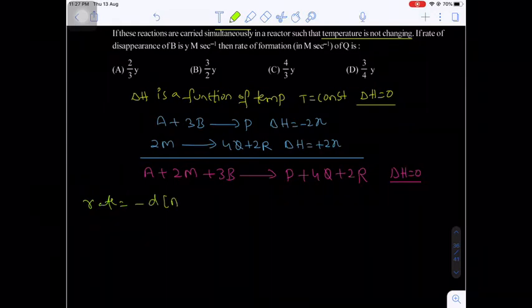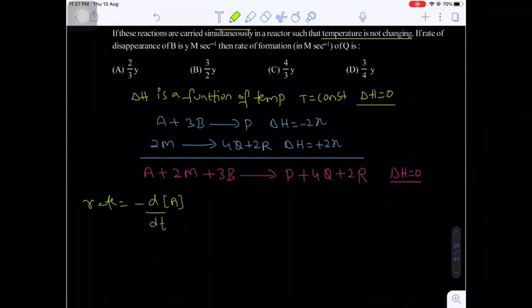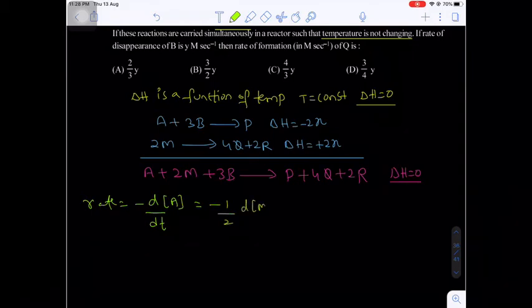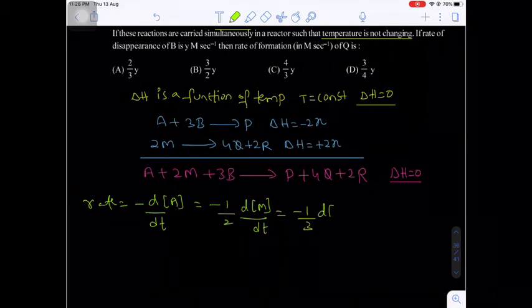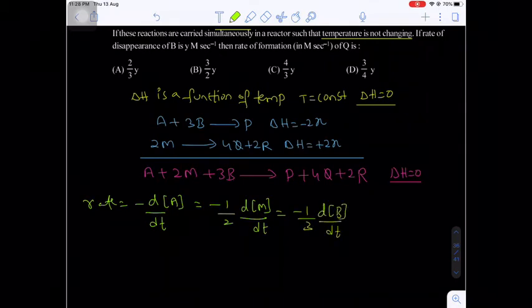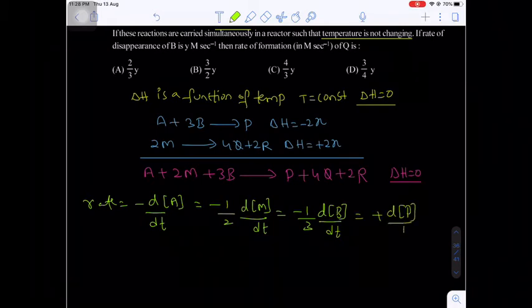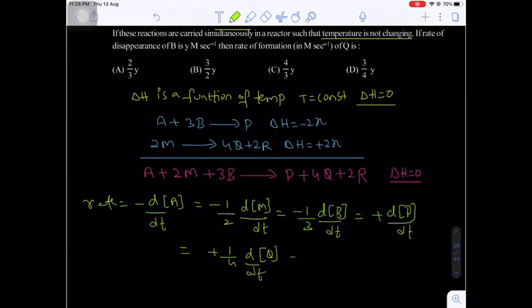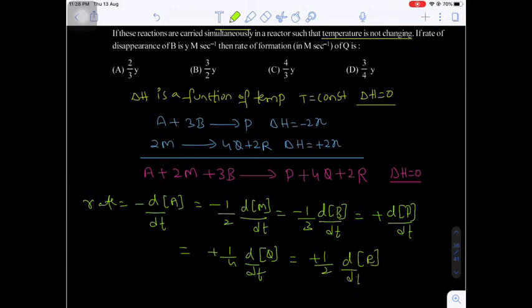R equal to minus dA by dt, which is equal to minus 1 by 2 dM by dt, which is equal to minus 1 by 3 dB by dt, which is equal to plus dP by dt, which is equal to plus 1 by 4 dQ by dt, which is equal to plus 1 by 2 dR by dt.